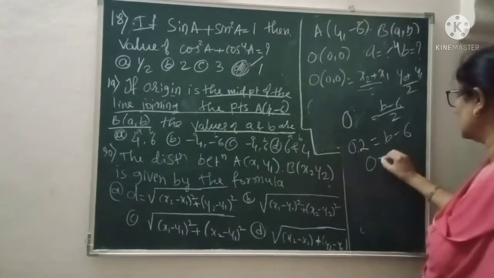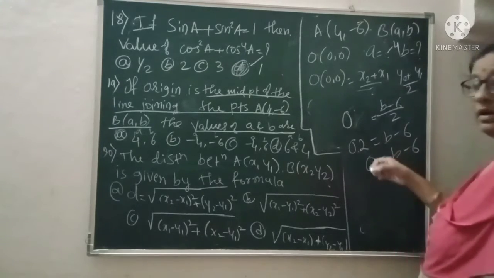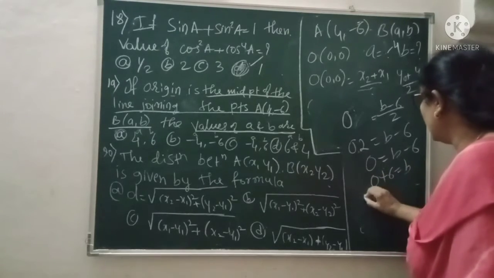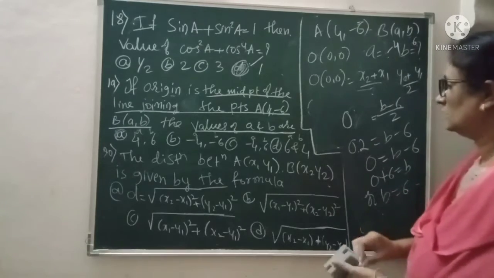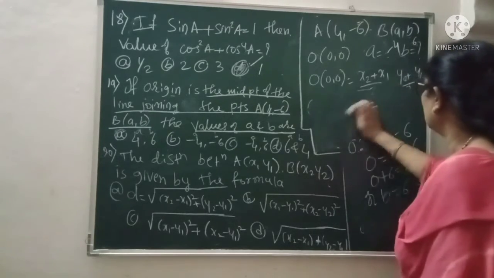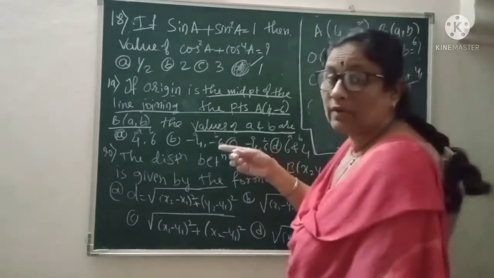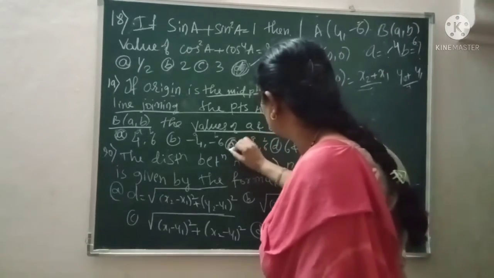This is 0 is equal to B minus 6. It comes to the other side. Then you have 0 plus 6 is equal to B, or you can say B is equal to 6. That means minus 4 and 6 are the correct coordinates of the point. So that is the value of A and B, minus 4 and 6. So this is the correct option.